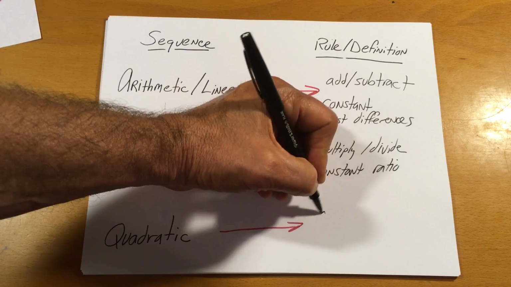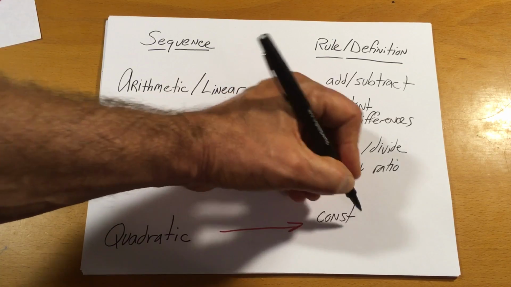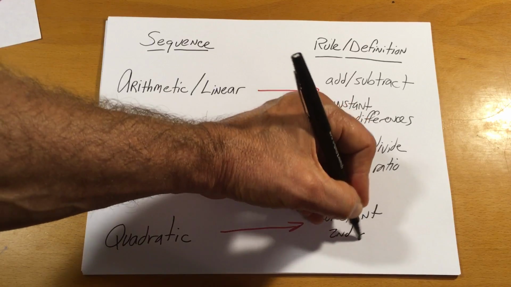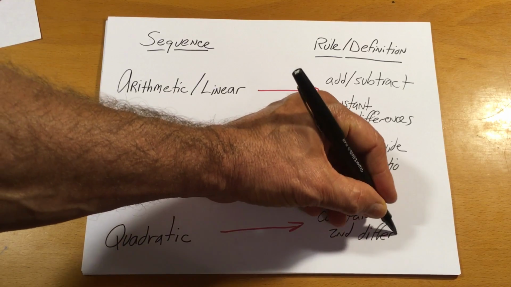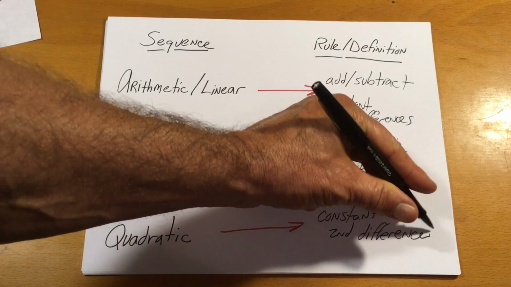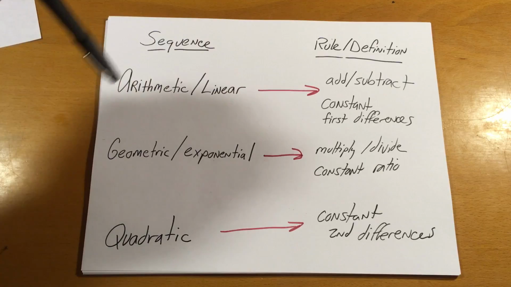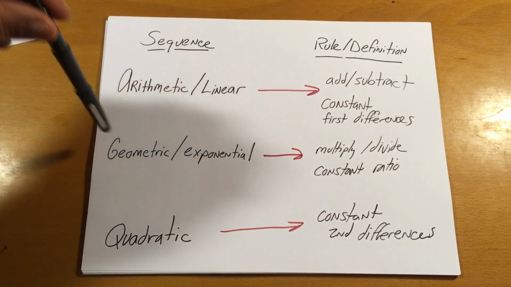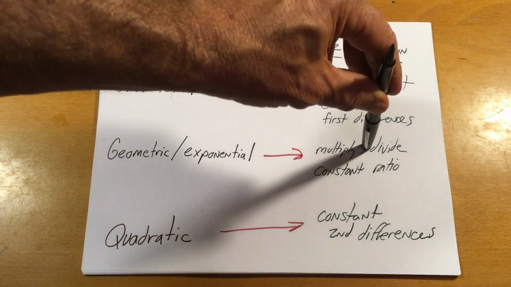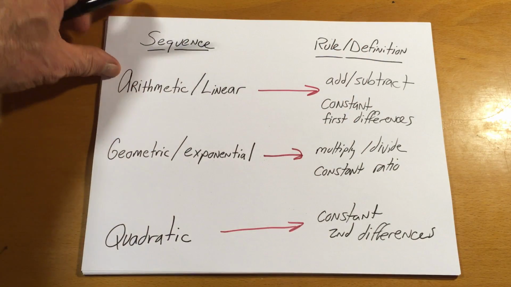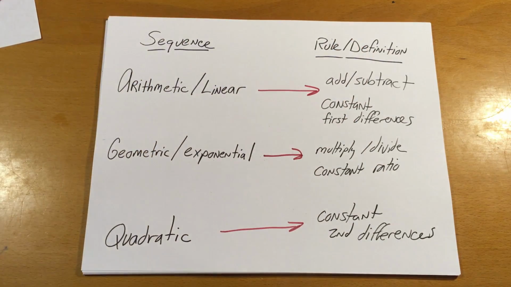And the definition is that you have constant second differences. And in this video, we're going to talk about an example of each one of these. So arithmetic, linear, add and subtract, constant first differences. Geometric or exponential, multiply and divide, you have a constant ratio, and quadratic means you have constant second differences.